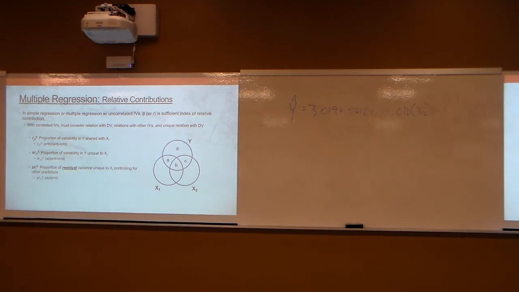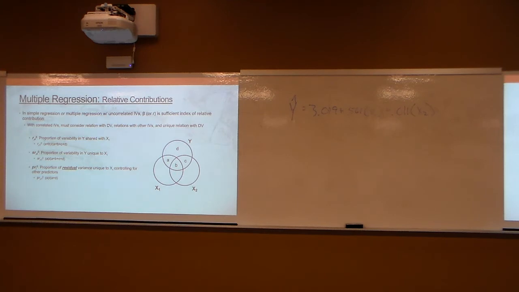Then we also have a partial correlation. A squared partial correlation is going to give me the proportion of residual variance that's unique to x controlling for other predictors. You can actually dispense with the unique piece. We can say proportion of residual variance attributable to x controlling for other predictors.